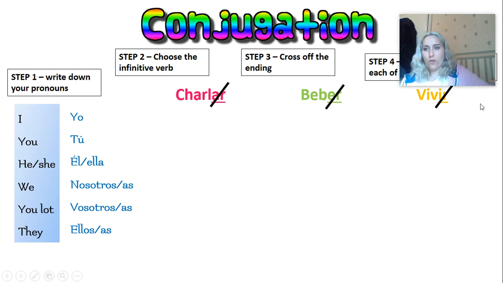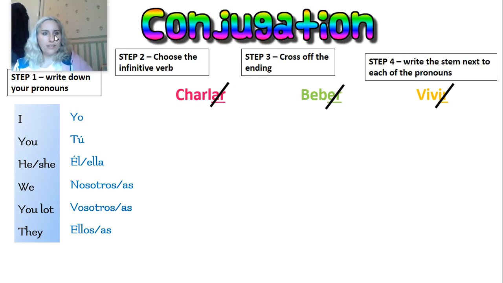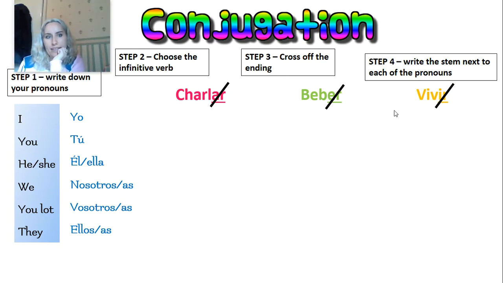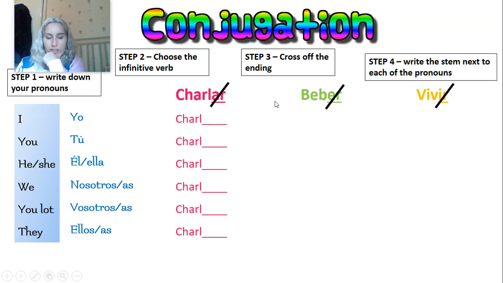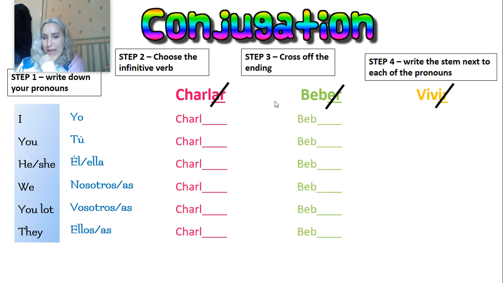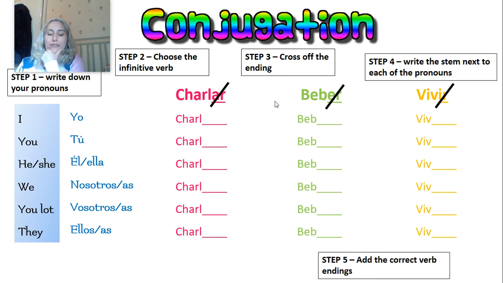Step 4 is to write the stem next to each of the pronouns. So you would have charl, beb, and viv. And finally, step 5 is to add the correct endings onto those stems.